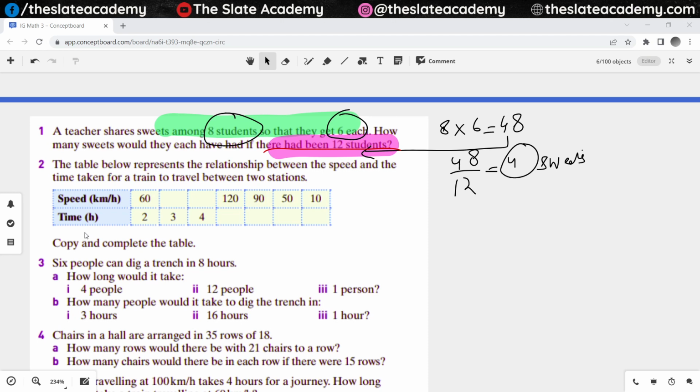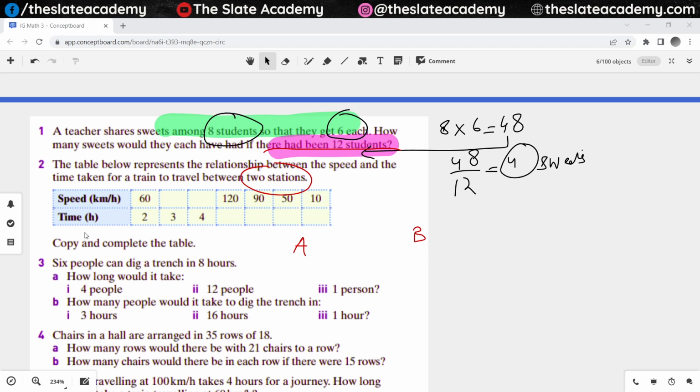Okay. Question number 2. The table below represents the relationship between the speed and time taken for a train to travel between two stations. So if there are two stations, let's say over here I have station A and over here I have station B. Right now I don't know how far away these two stations are.